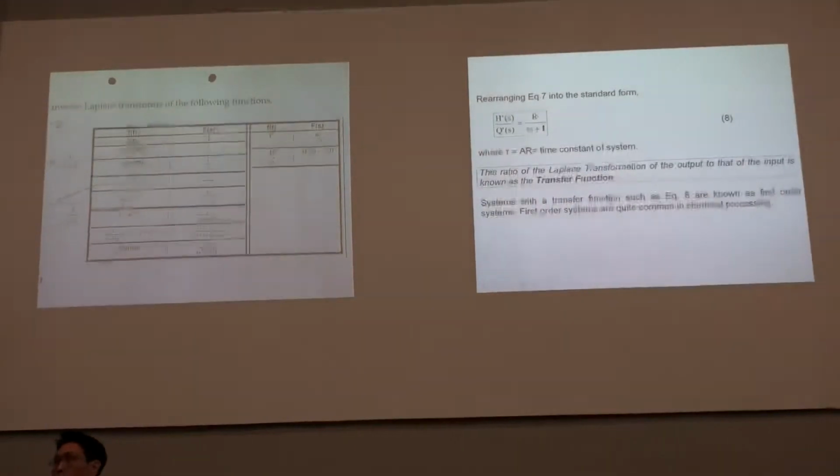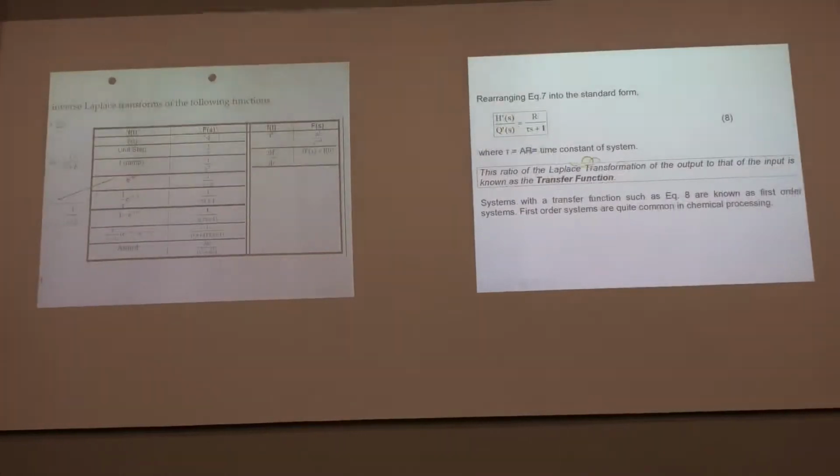H prime is the output. The bottom one here is the input. So output to input, and in this format, we call it the first order transfer function. So a system with a transfer function such as equation A is also known as a first order system. First orders are quite common in chemical engineering.